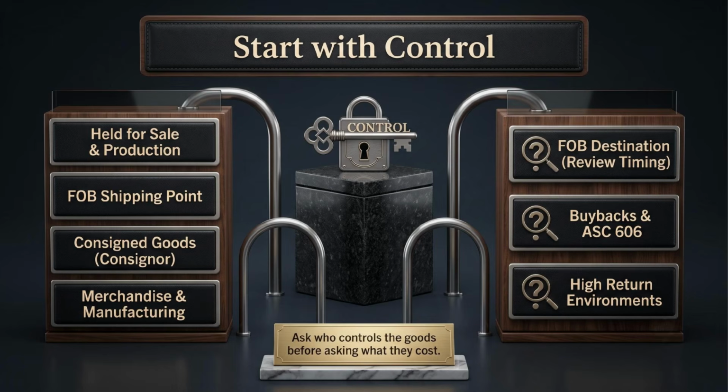Under consignment, the consigner keeps the inventory until the consignee sells to the end customer. At the same time, be careful with FOB destination, buybacks, high return arrangements, and any situation where possession and ownership are not aligned. The first question is always who controls the goods before we ask what they cost.